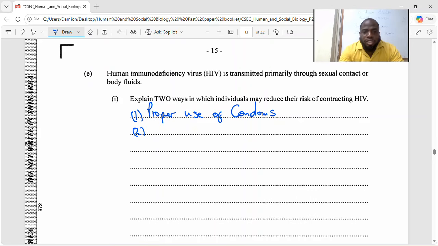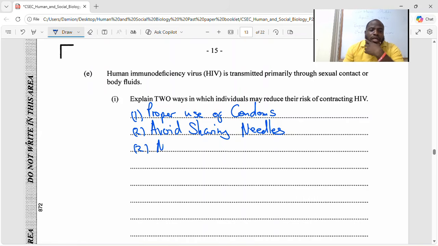When you don't share the needles, remember you can have a situation where, especially persons doing drugs, that's why we see a high incidence of HIV among drug addicts, because they don't practice the one use of needles. So we need to avoid sharing needles.